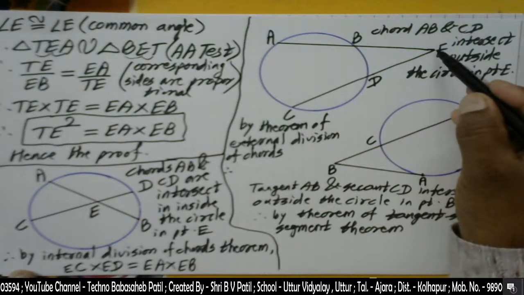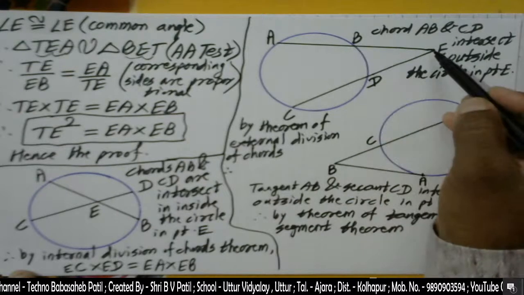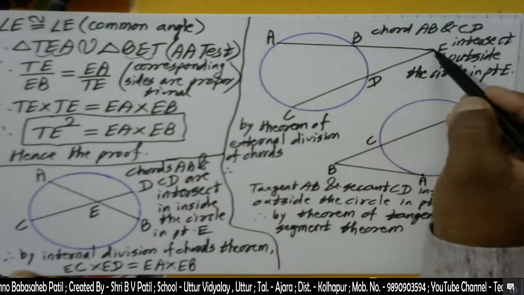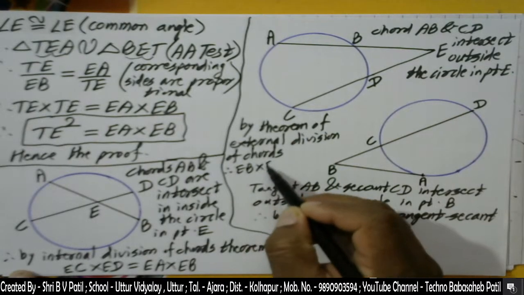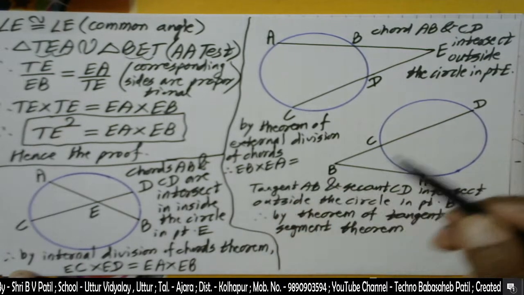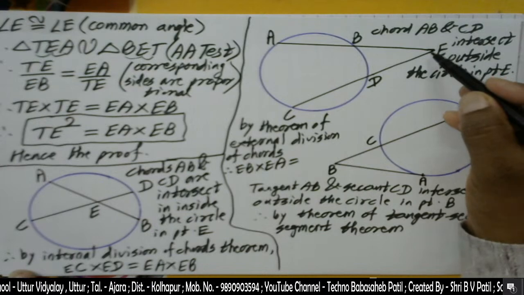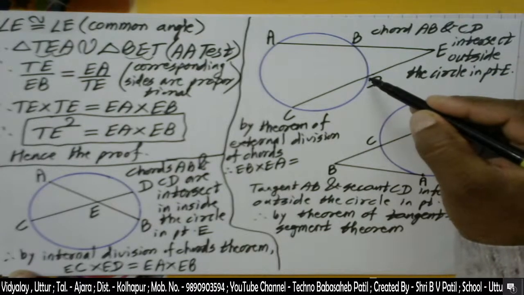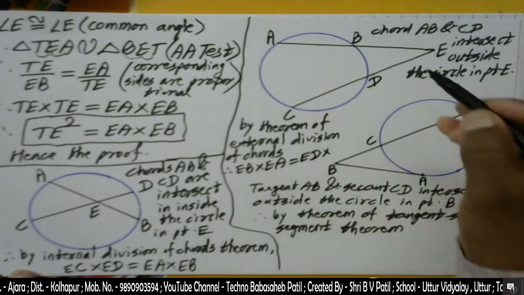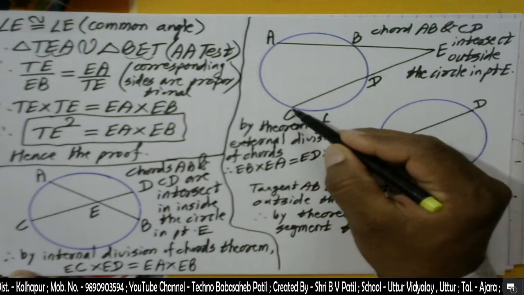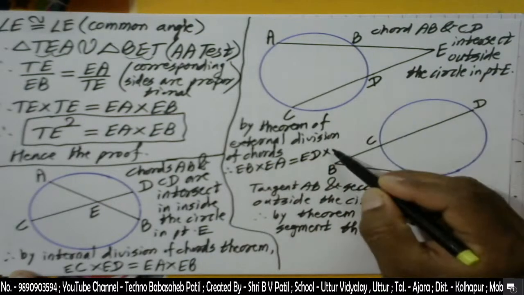First part, that is from E to the first endpoint, EB into EA, is equal to E to the first endpoint D, ED, into E to the other endpoint of the chord, that is EC.